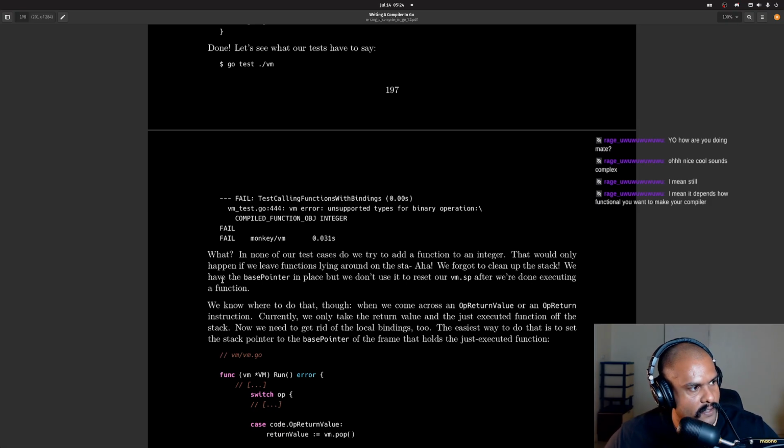And that's where the complexity comes in. Probably why it feels quite simple at the moment. Doesn't support a lot. We've got to clean up the stack. We have the base pointer in place, but we don't use it to reset vm.sp after we're done executing a function.